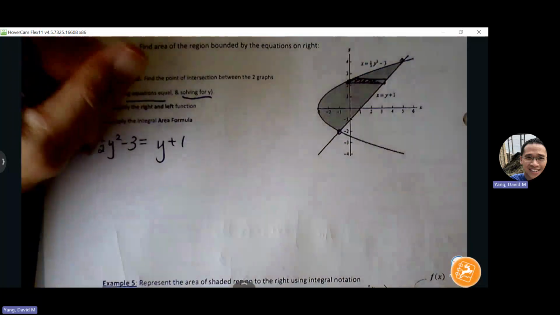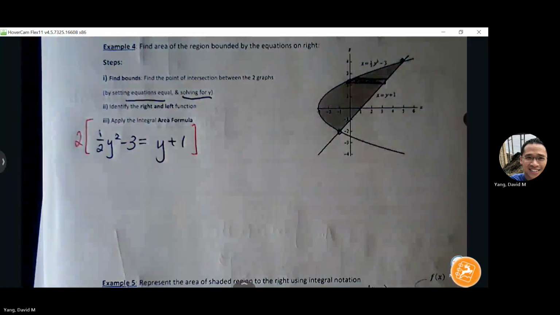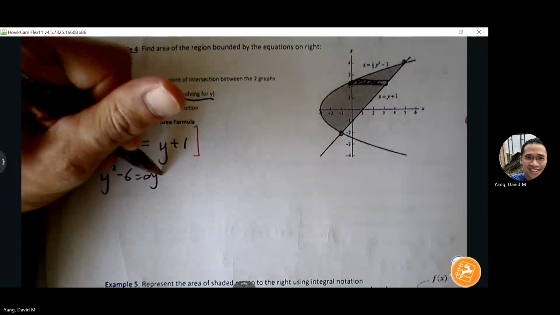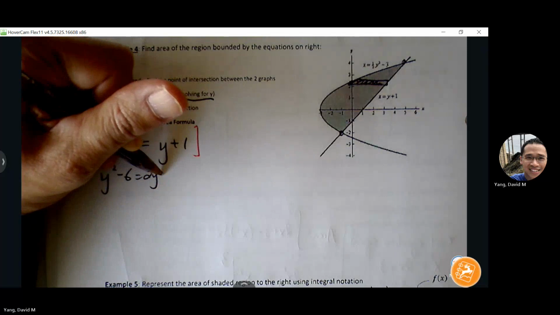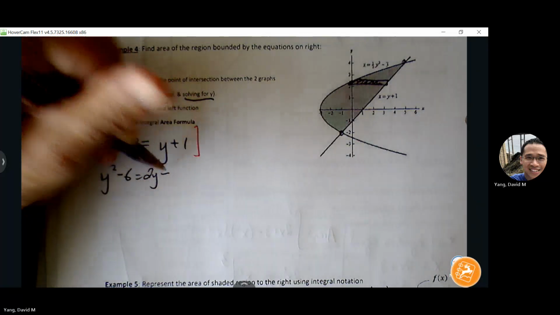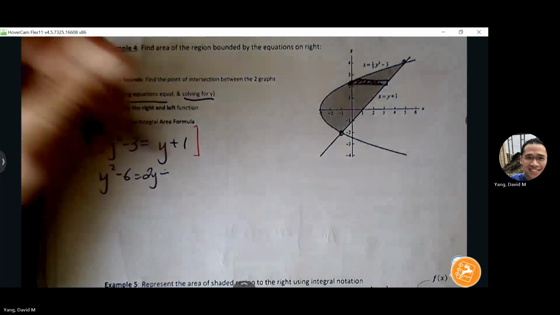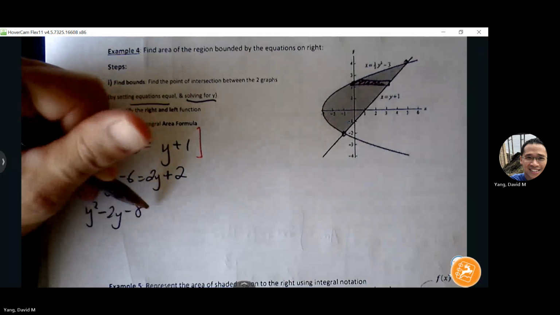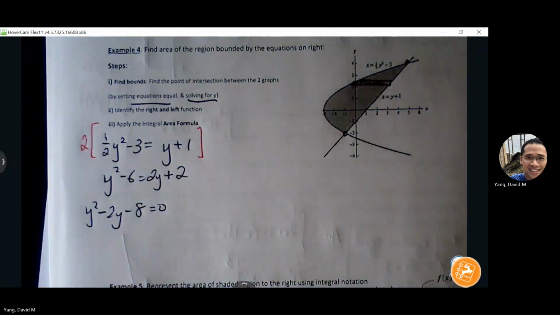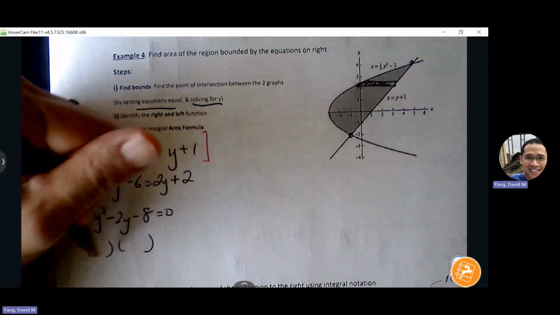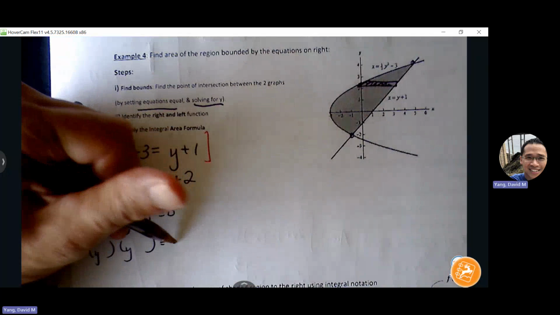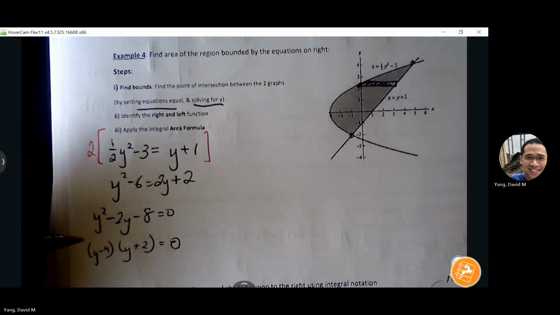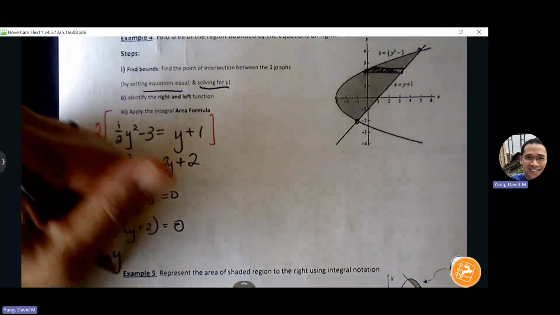So what if I multiply everything through by 2 here? Multiplies to be -8, adds up to be -2. So 4 and -2.